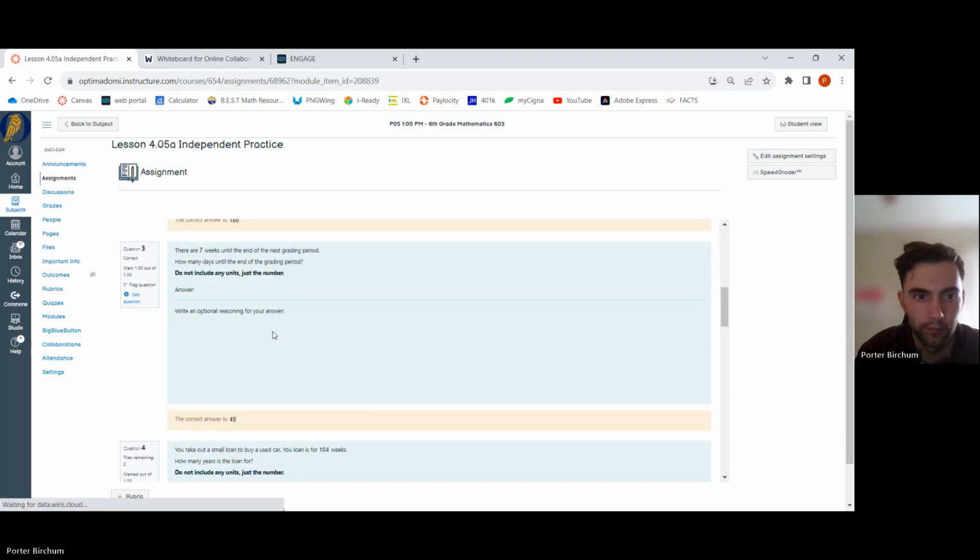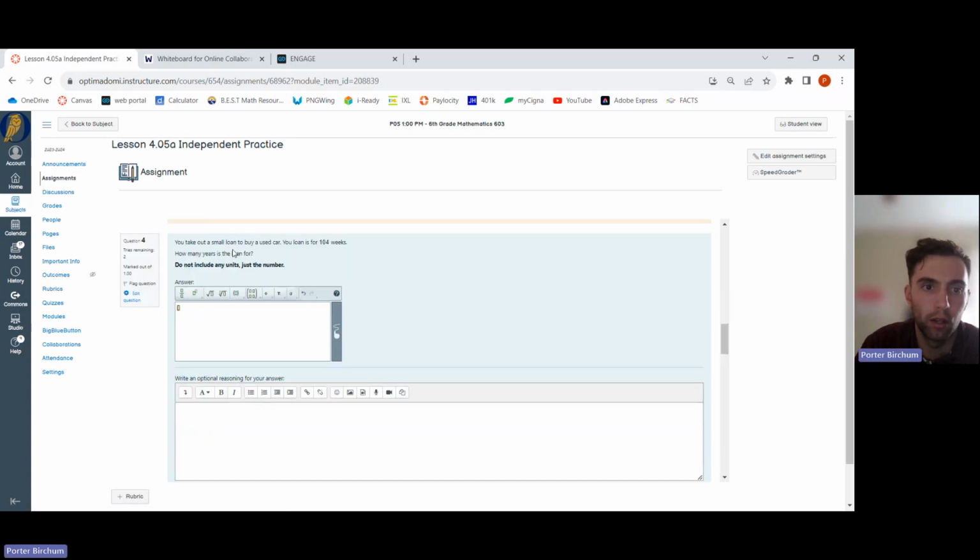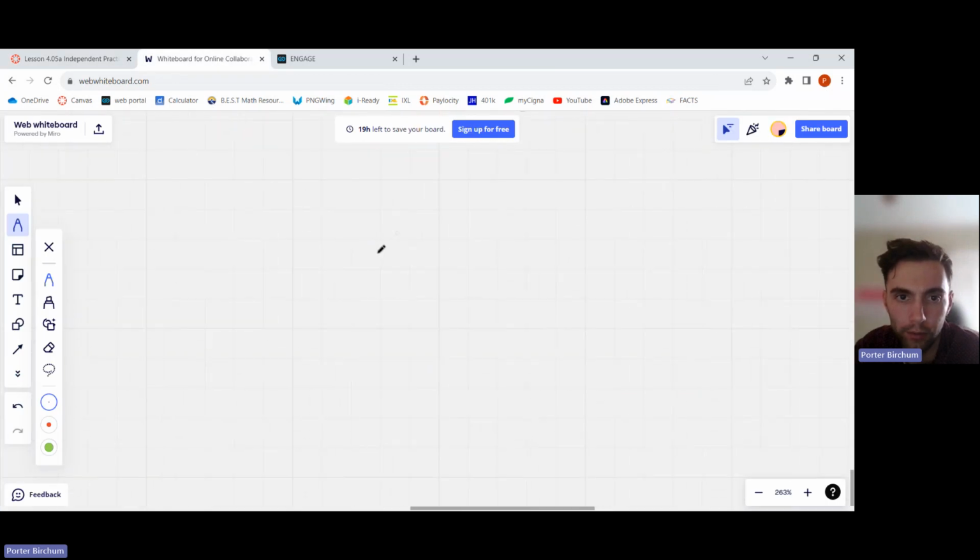You take out a small loan to buy a used car. Your loan is 104 weeks. How many years is that? Well, we're going from small time to big time. 104 weeks into something years.